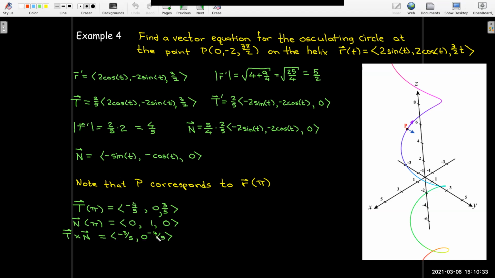And if I take that cross product, I get the vector -3/5, 0, -4/5. Really, you don't need to do much work with such a simple cross product.